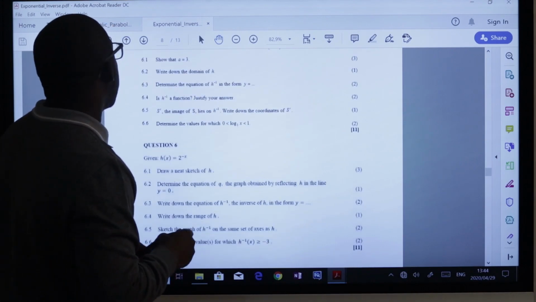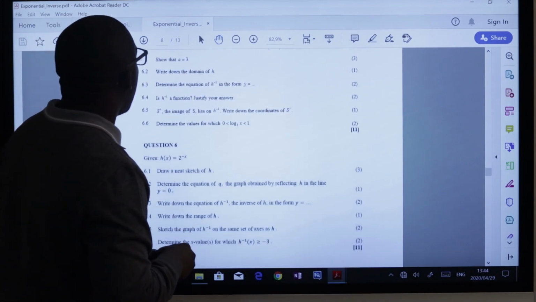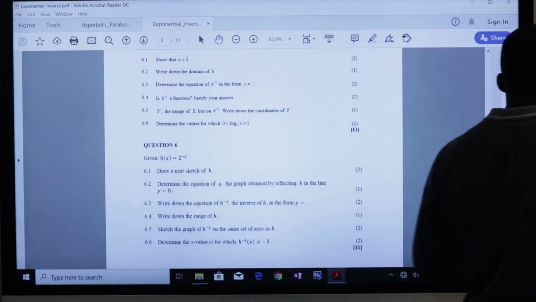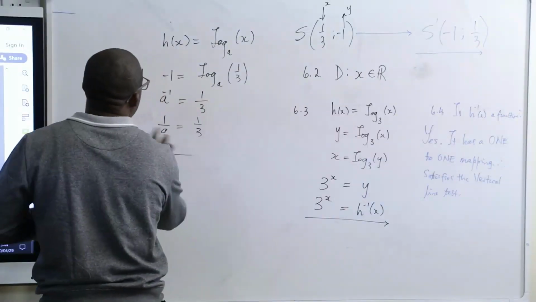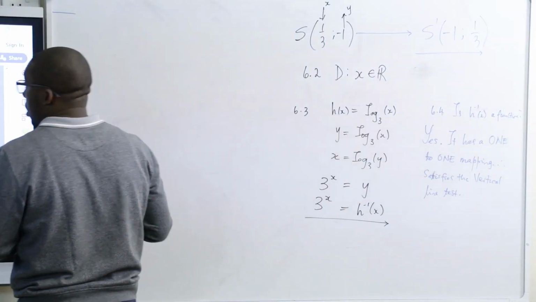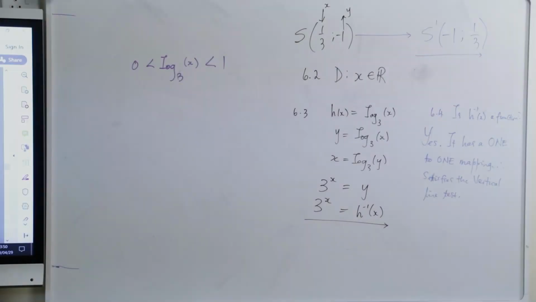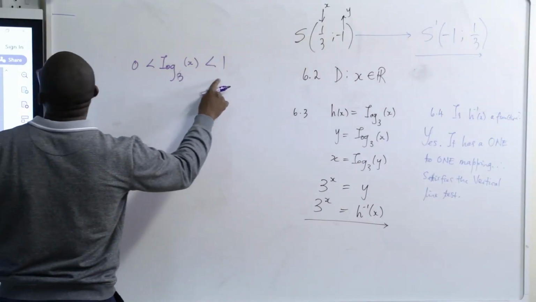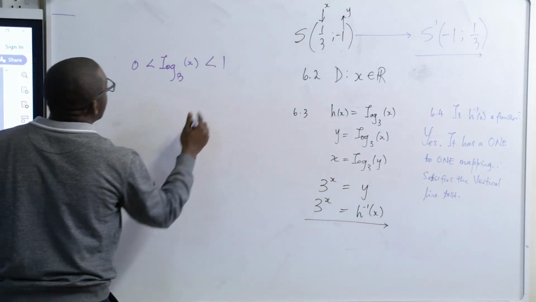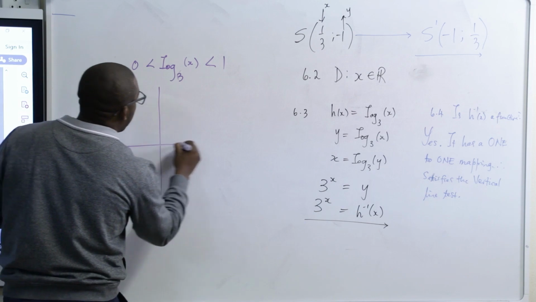Lastly, determine the values for which log to base 3 of x is between 0 and 1. If we're asked to deduce this, determine the values for which this is true, we can do it with the graphical approach.